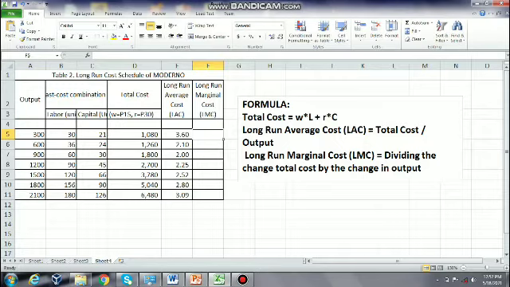And to compute the long run marginal cost, LMC, we divide the change in total cost, which is 1,260 minus 1,080, by the change in output, 600 minus 300. This is equal to 0.60, and the computation goes on.